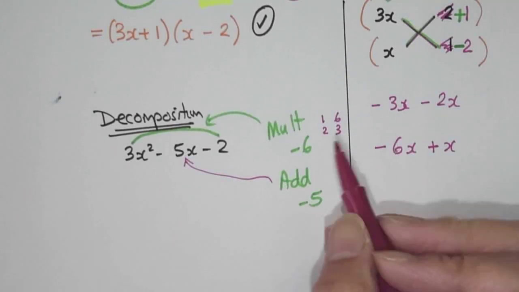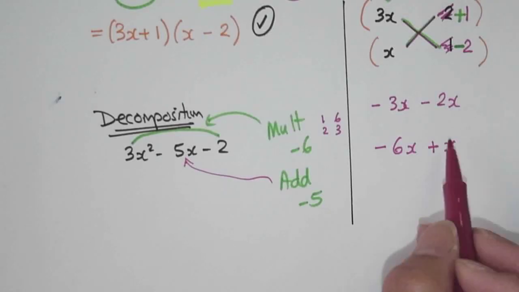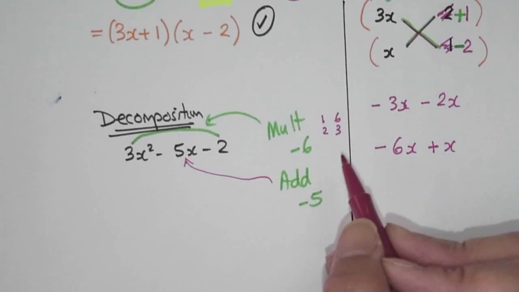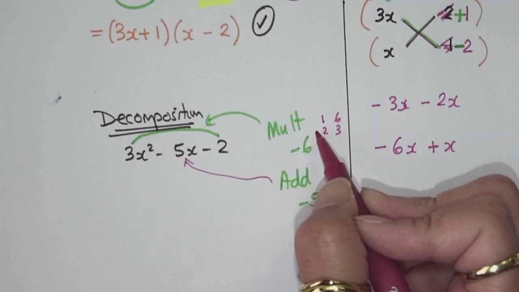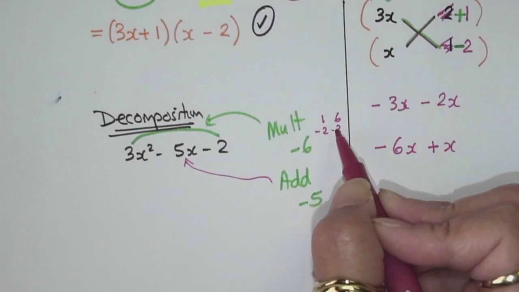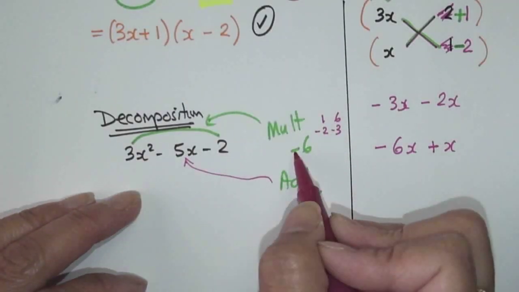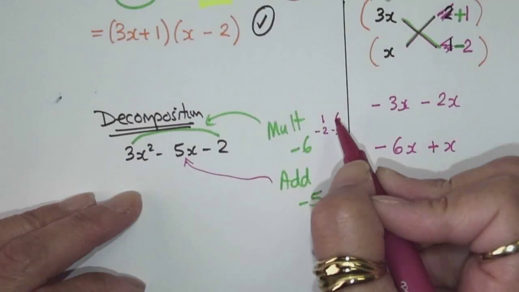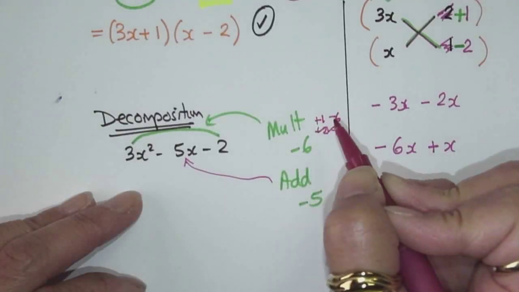They both add to 5, but again, see how you're doing the same thing here? It's the same numbers, right? So over here I'm going, okay, 1, 6, 3. Okay, so I'm going to go negative 5, so I need them both negative, but that does not multiply to negative 6, so that won't work. So I need negative 6 and a positive.